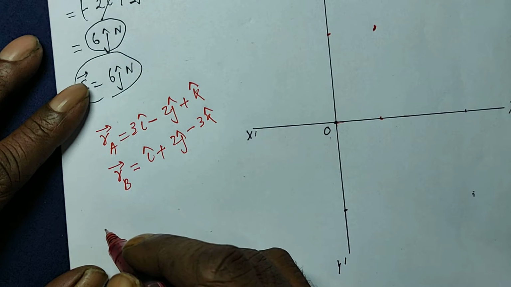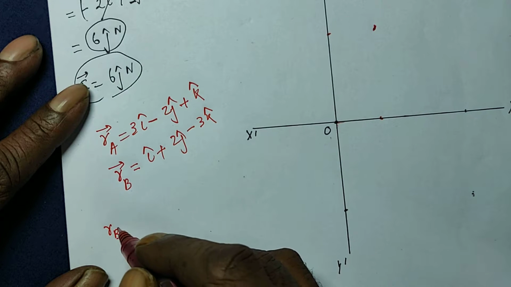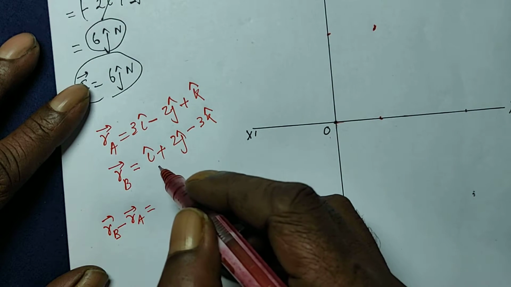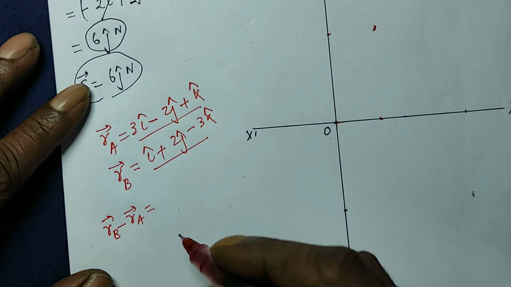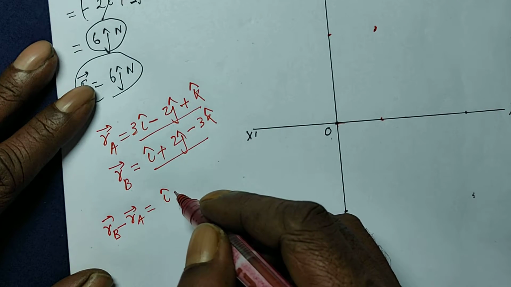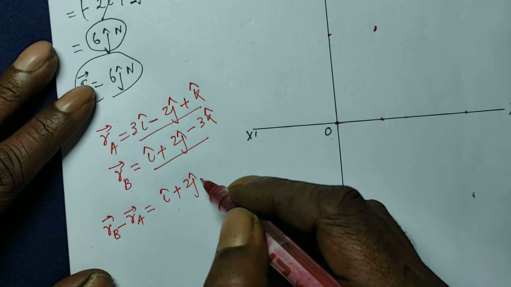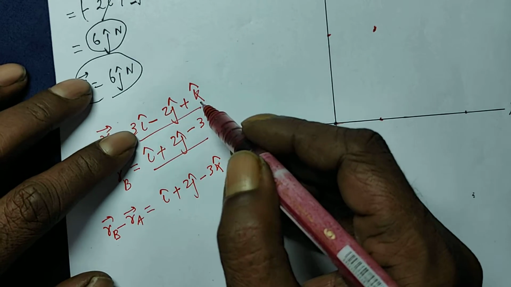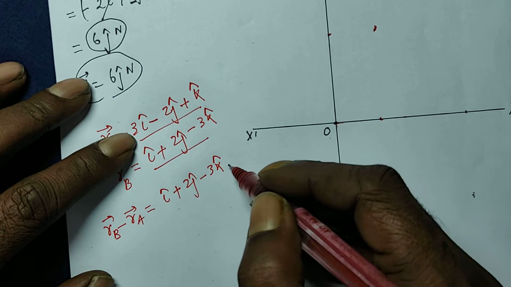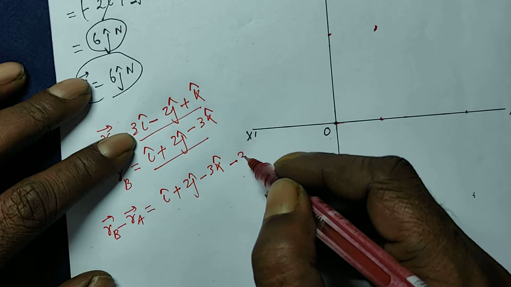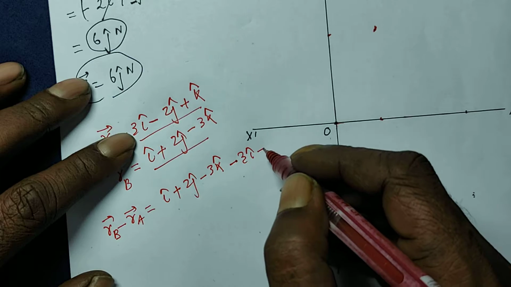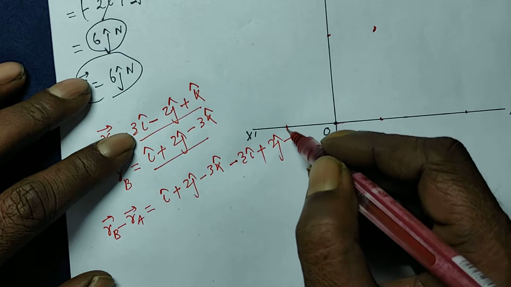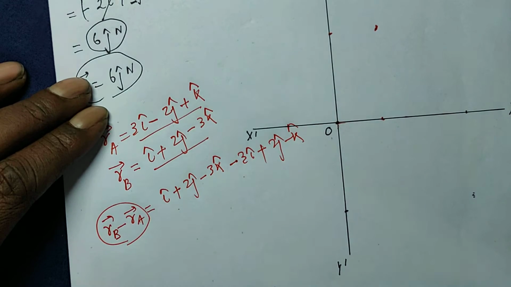The displacement vector is RB minus RA, that is equal to this minus this. So that is equal to i cap plus 2j cap minus 3k cap, minus of this, that is equal to minus 3i cap plus 2j cap minus k cap. So this is your displacement vector.